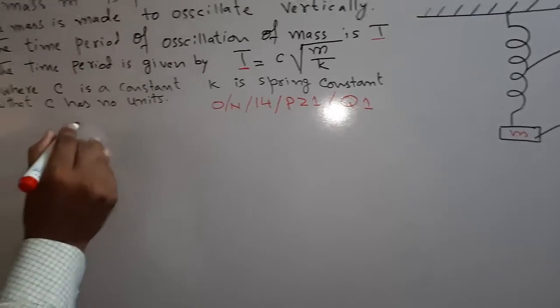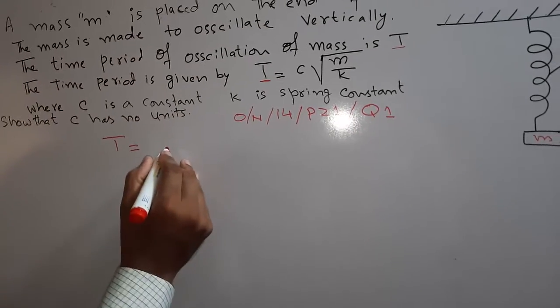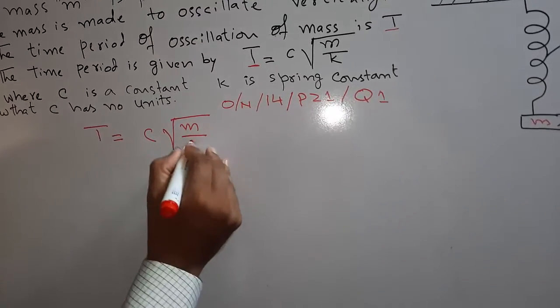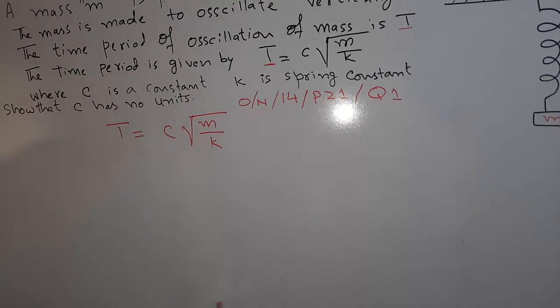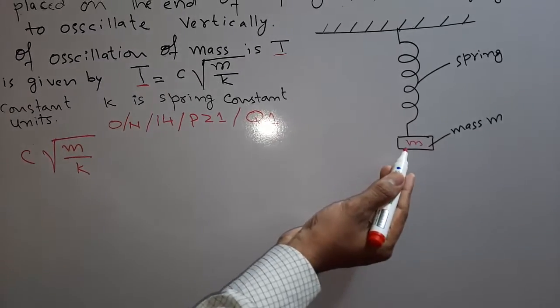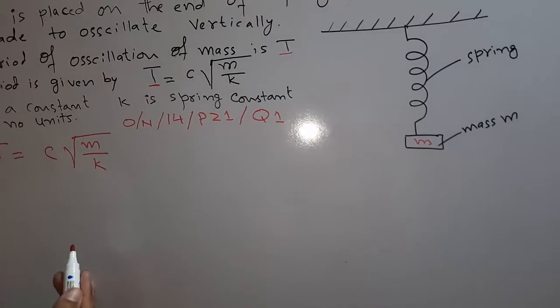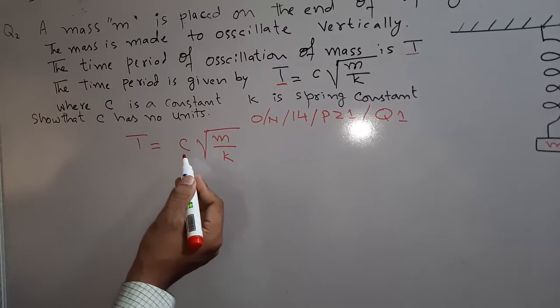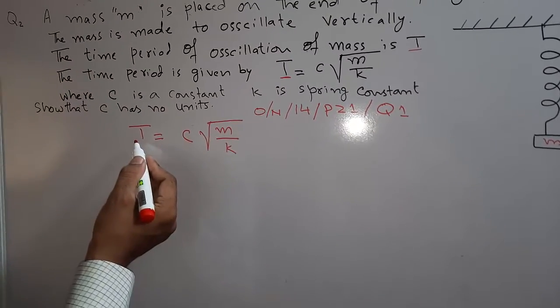We have the question as T is equal to C times square root m over k, and m is the mass of the oscillating body that is attached to the spring vertically hanging, and k is the spring constant. C we have to prove as unitless, and t is the time period.